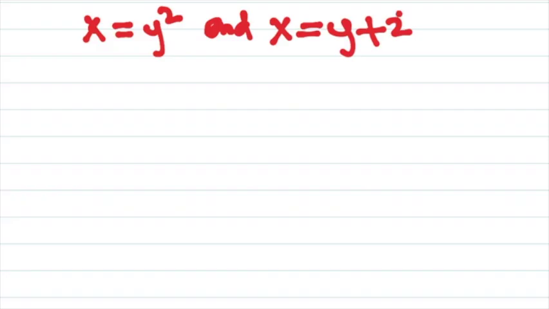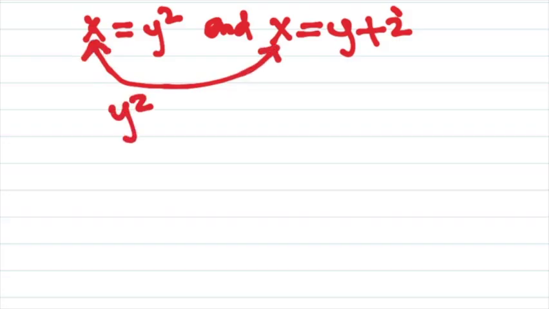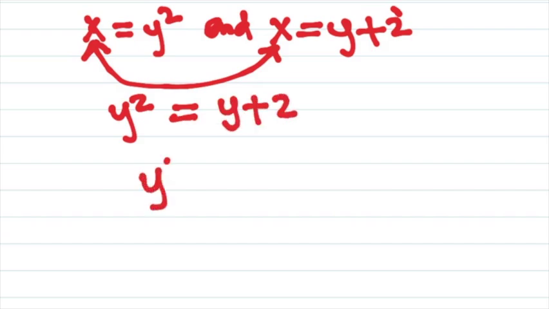We just move this 2 to this side to make it equal, so that we can equate the x function. So you say y squared is equal to y plus 2. This is the same as saying y squared minus y minus 2 is equal to 0.